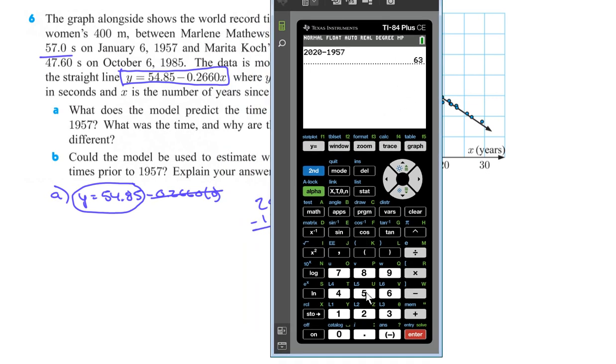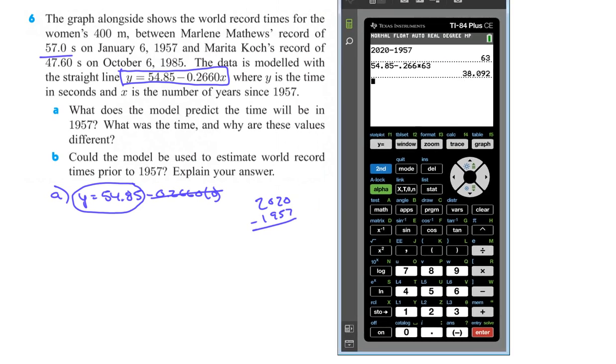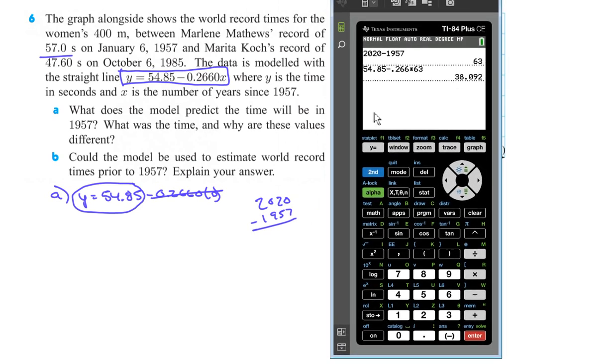So we got 54.85 minus 0.2660 times 63. And it says that the world record for the 400 meters is going to be 38 seconds. I'm going to check and see what it is right now.